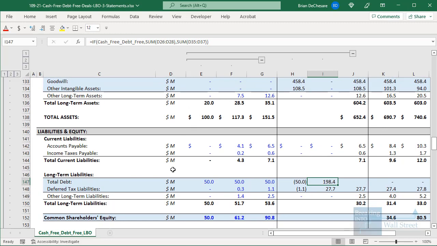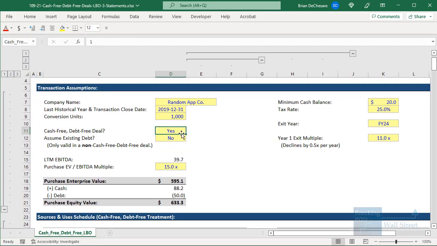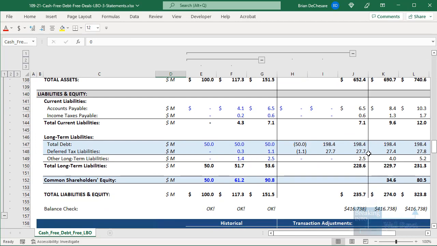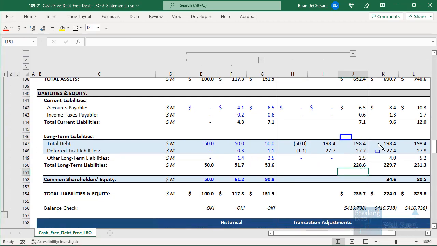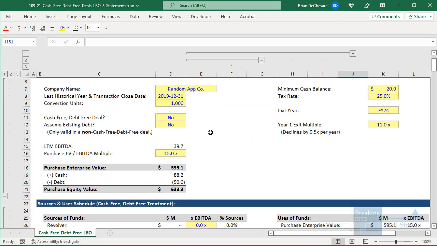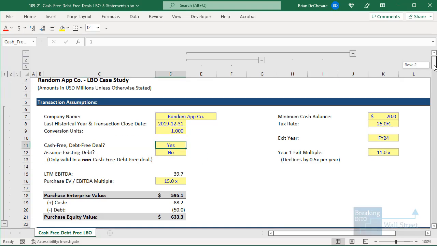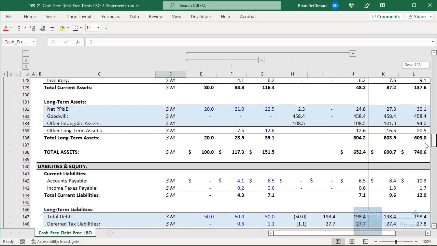And then we can add these up once again. You'll see that if we change this and make it a non-cash-free, debt-free deal, the result is exactly the same. It's still 198.4 million after the deal closes. The only difference is that in this case, we have the possibility of assuming debt, whereas in the cash-free, debt-free case, it's just not possible at all.